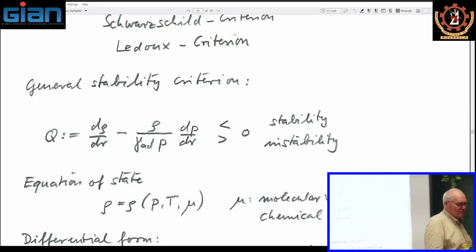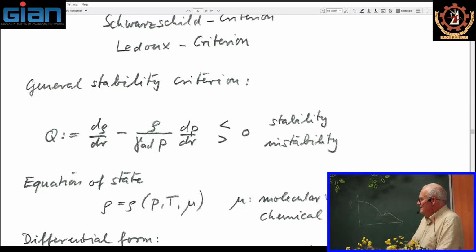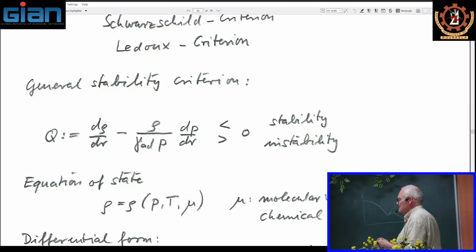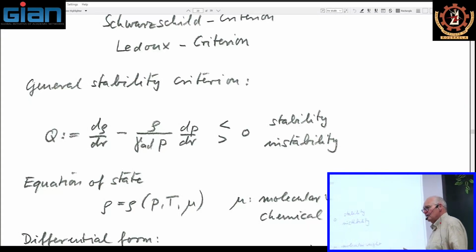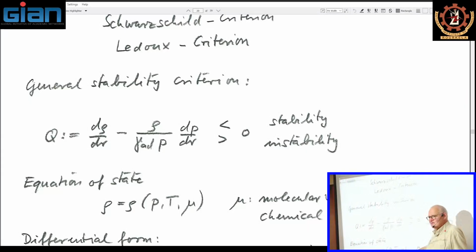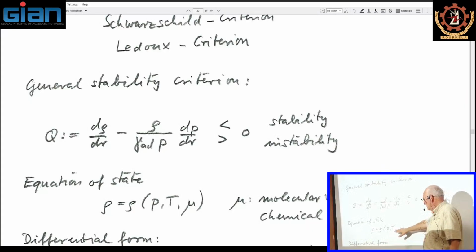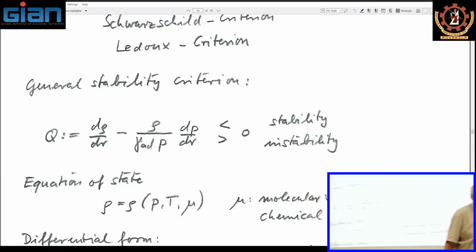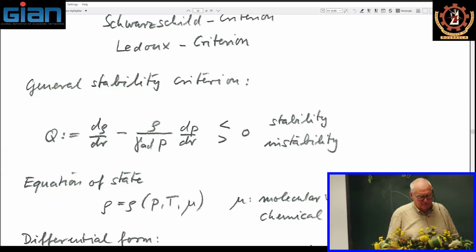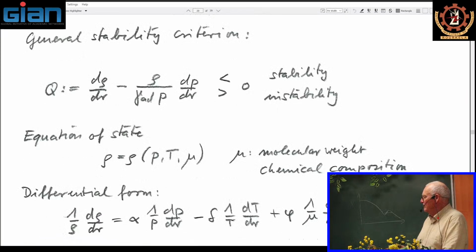So we have to replace density and pressure by pressure and temperature. And once we also have chemical composition as a parameter, then the equation of state also needs to take into account the molecular weight. If we have variation in chemical composition, then we have to introduce the chemical composition or the mean molecular weight as a third parameter.